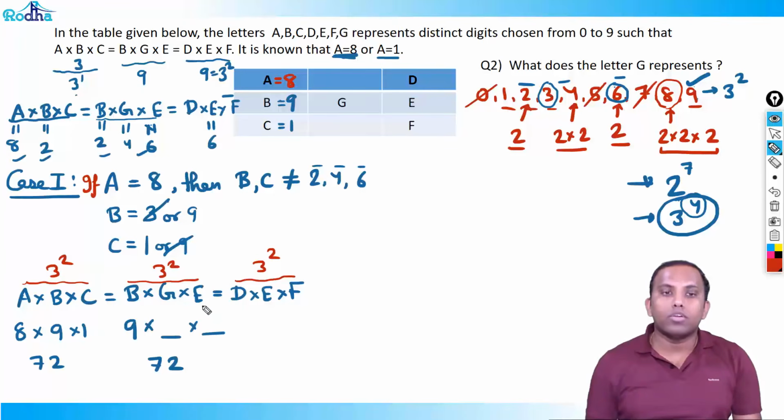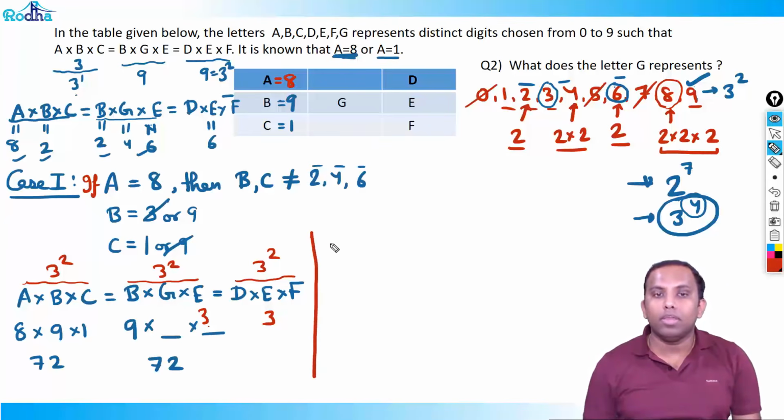So one way is to see, okay, I can put E equal to 3 so that E3 comes here. But 9 into 3 is 27, and 27 into some digit cannot be 72. That means E cannot be equal to 3, for sure.